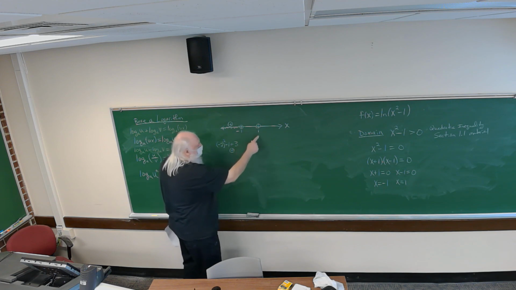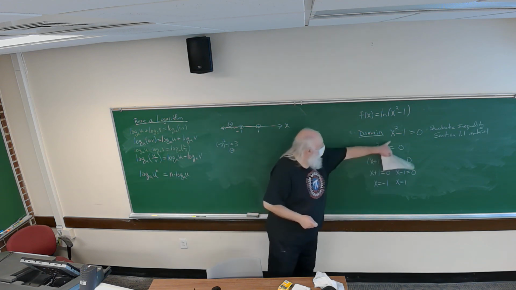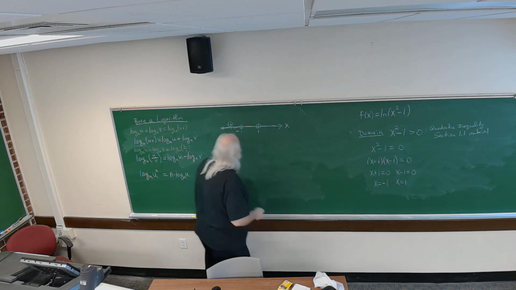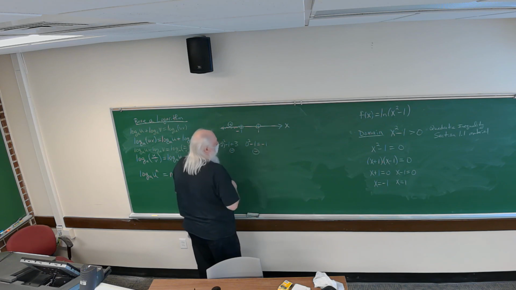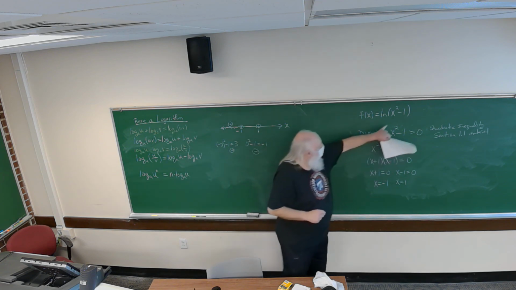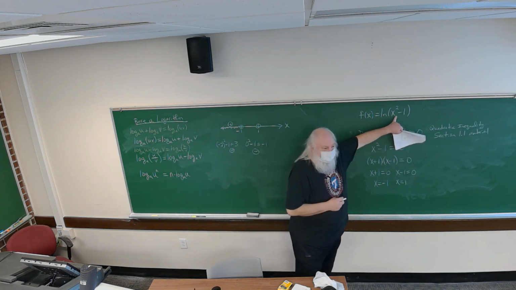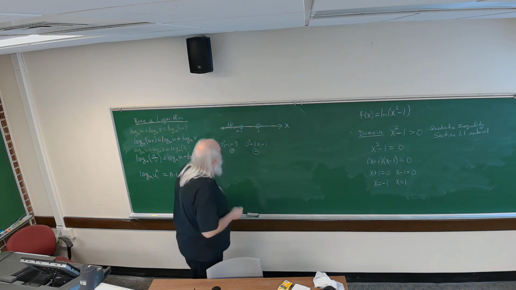0 is between minus 1 and 1. So when I put in 0 for x, I have 0 squared minus 1, which is negative 1. So any number between minus 1 and 1 makes x squared minus 1, the argument here, negative. And you can't take the log of a negative number.